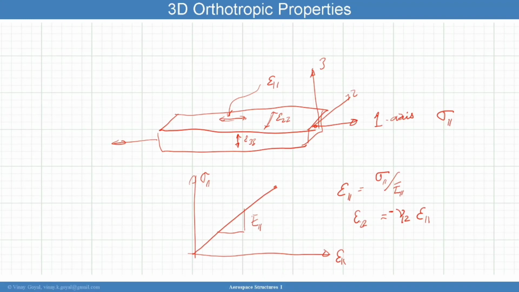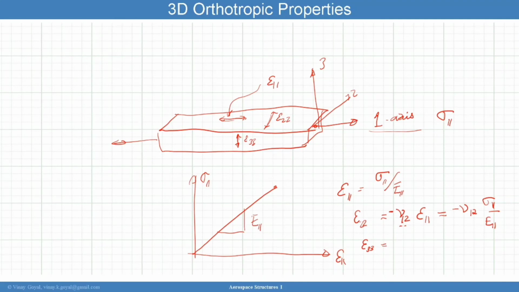Here, I'm applying a load in the one direction, and so that's why I have 1 as the first number, and I'm measuring the strain in the second direction, so that's why that 2 is second there. And epsilon 1,1 has already been calculated as nu 1,2 times, so epsilon 1,1 is really sigma 1,1 divided by E11.